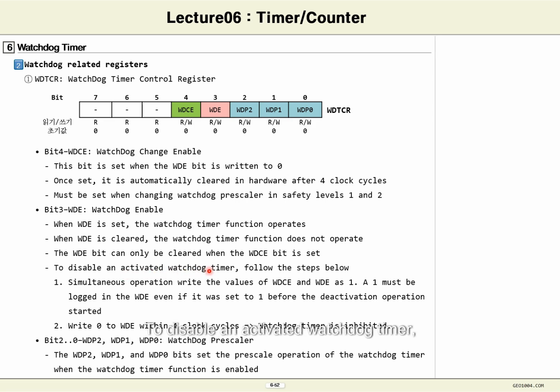To disable an activated watchdog timer, follow the steps below. Watchdog change enable and watchdog enable must be written simultaneously as 1, even if watchdog enable was already set to 1.